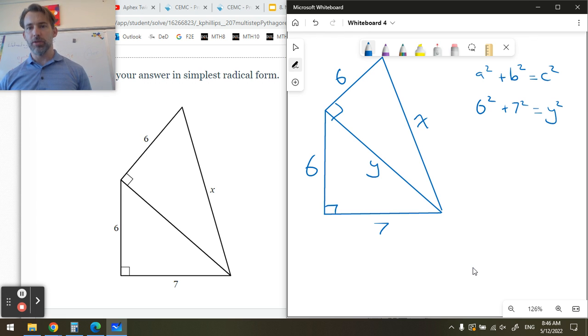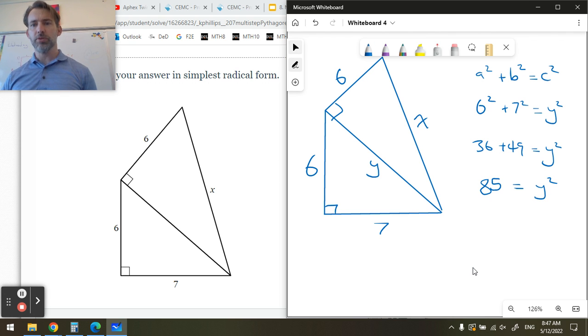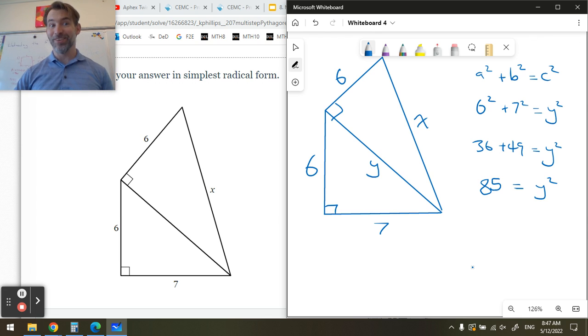That would be 36 plus 49 equals y squared. Y squared will then be 85. I was saying 55 because 55 happens to be one of my favorite numbers. And that's y squared. Y is the square root of 85, but I don't care. I'm just going to leave it as 85.